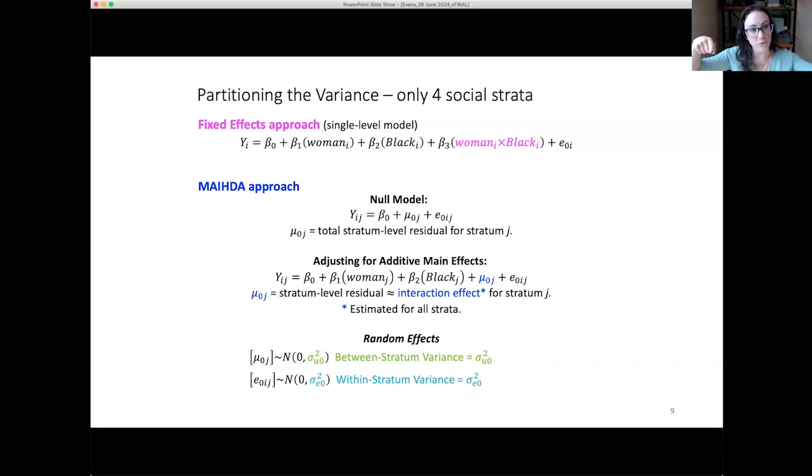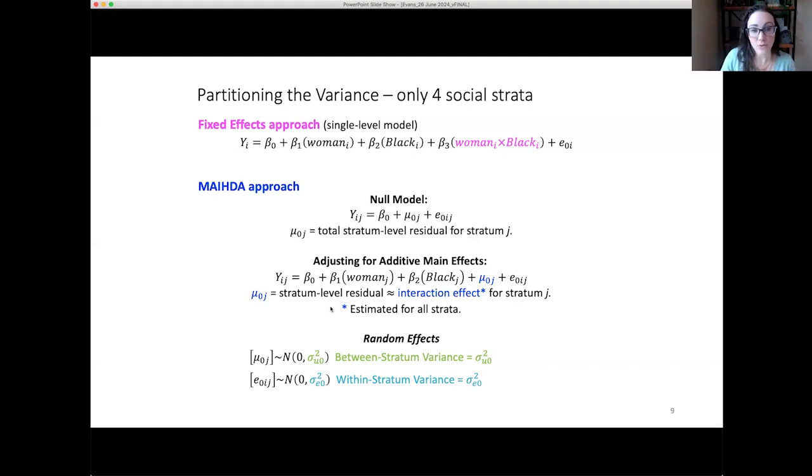We might have a few in the tails that are really far away from that average. We might have others that are more clustered around it, departing only slightly from that overall average. So we're going to have a measure of between stratum variation. I'll show you visually what this looks like in just a moment. And then for each of the individuals within each of these clusters, we have some within stratum variation as well. So that's sort of overall what's happening.